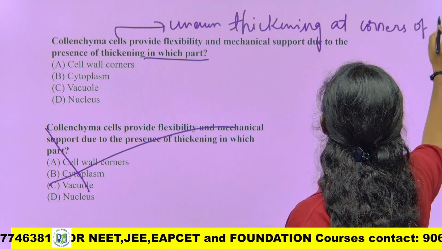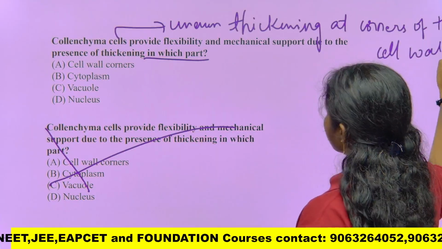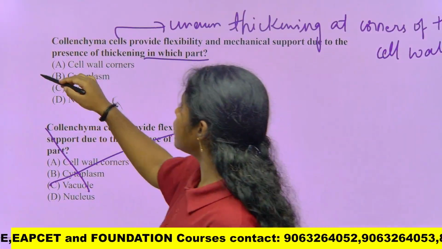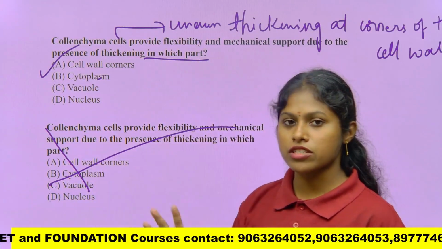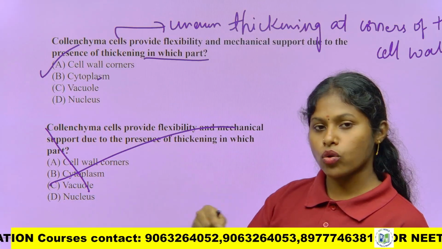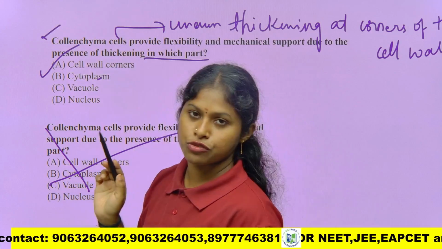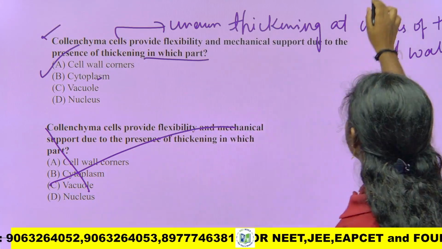Corners of the cell wall. So here is the direct answer, children. The Collenchyma functions mainly are flexibility and tensile strength, like the tendrils, right? The flexibility comes from this Collenchyma tissue. Here the answer is the first one.